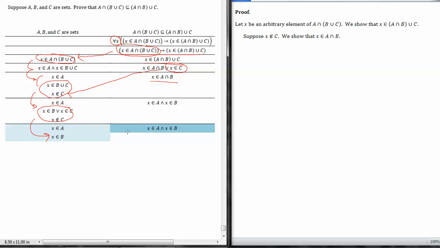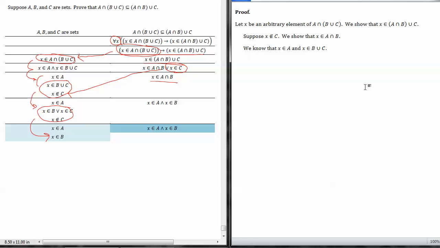Okay, so let's write about this disjunctive syllogism now. First I'll go ahead and just say what happened up here. So we know that x is in A and x is in B union C because of what we had there. Possibly could have left that out, but I think it'll be helpful for the reader to have that written down as opposed to just this intersection statement up here.